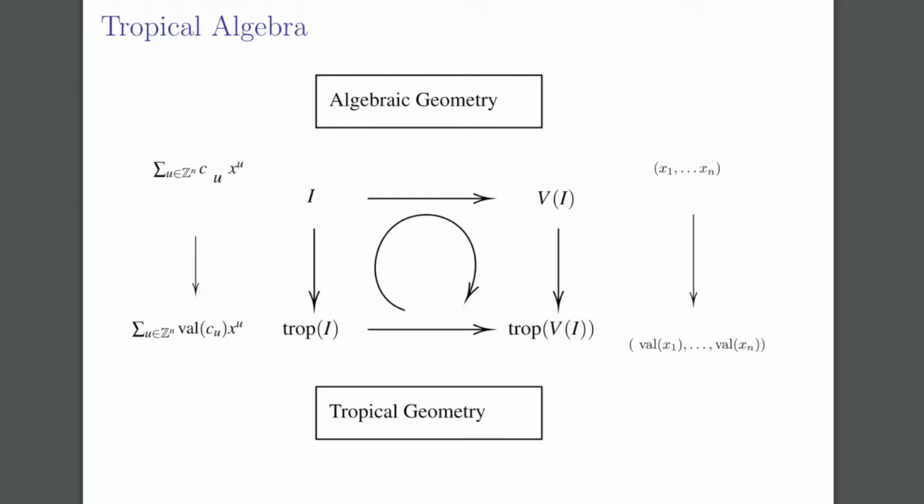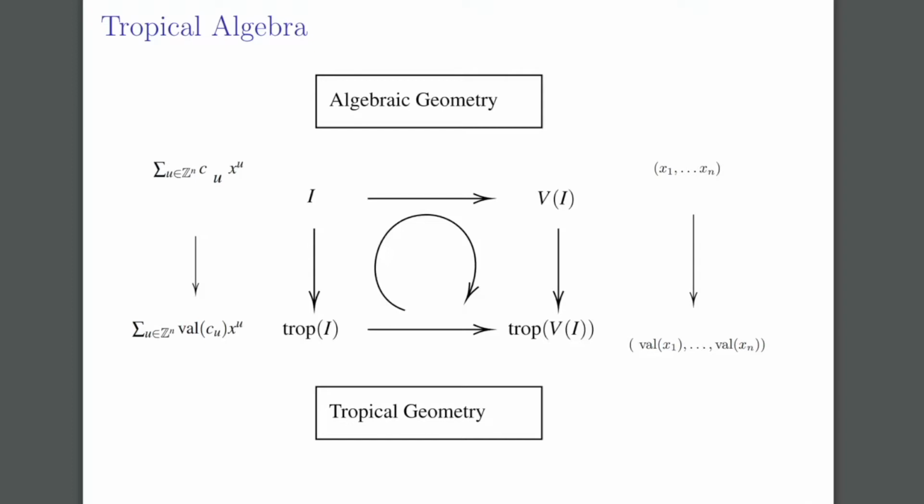The notion of taking variety in tropical geometry, I'm not going to get into it because it's a bit complicated and it's not so important to the rest of the talk. It's compatible with our understanding of algebraic geometry.